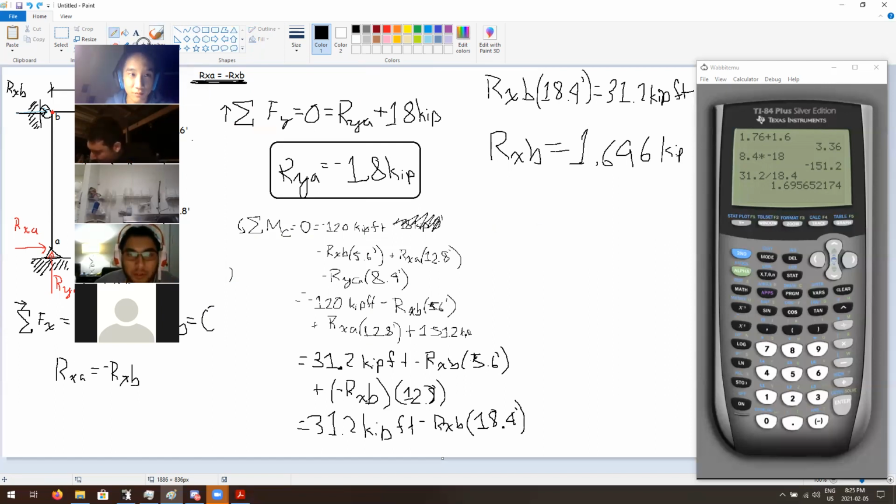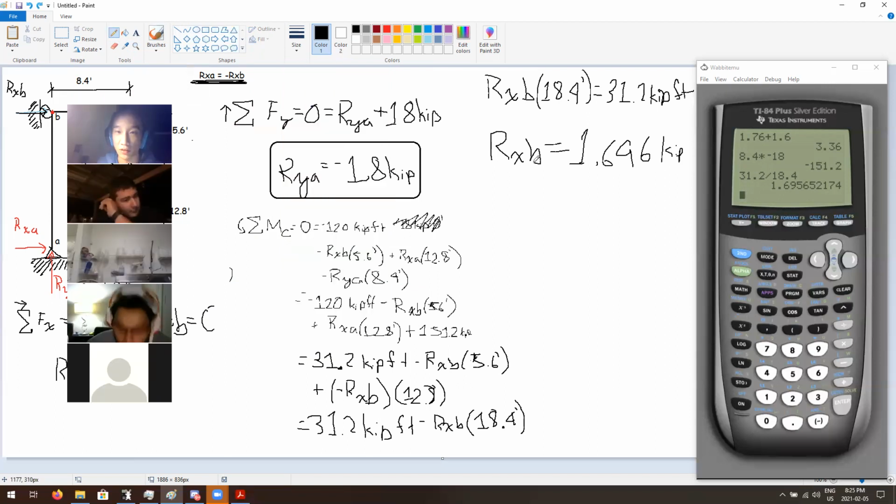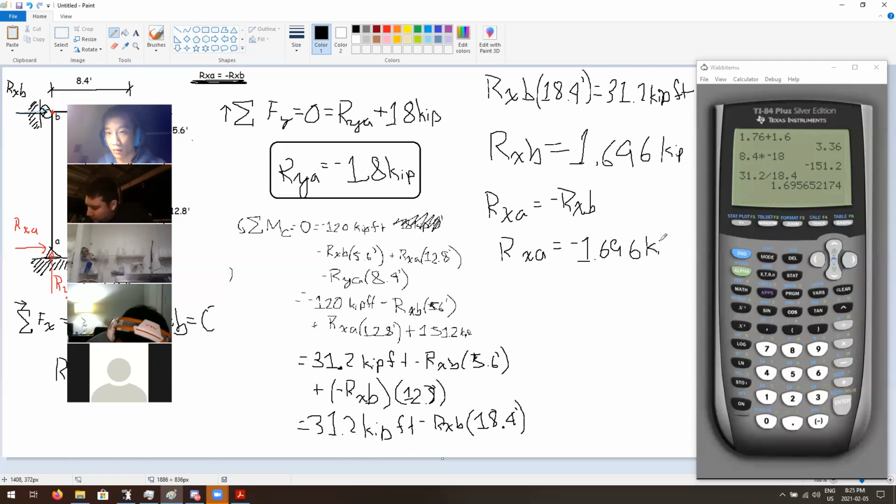So you see here, we're solving for RXA also, and RXA equals negative RXB. So we just take this back into this. RXA is equal to negative RXB. Just plug that in there. RXA is equal to negative 1.696 kip. Wait, wouldn't it stay positive?